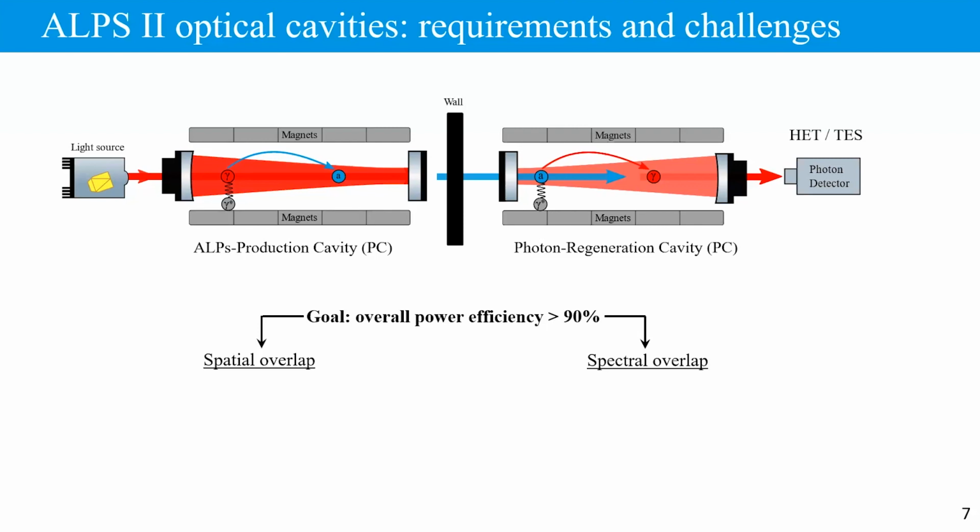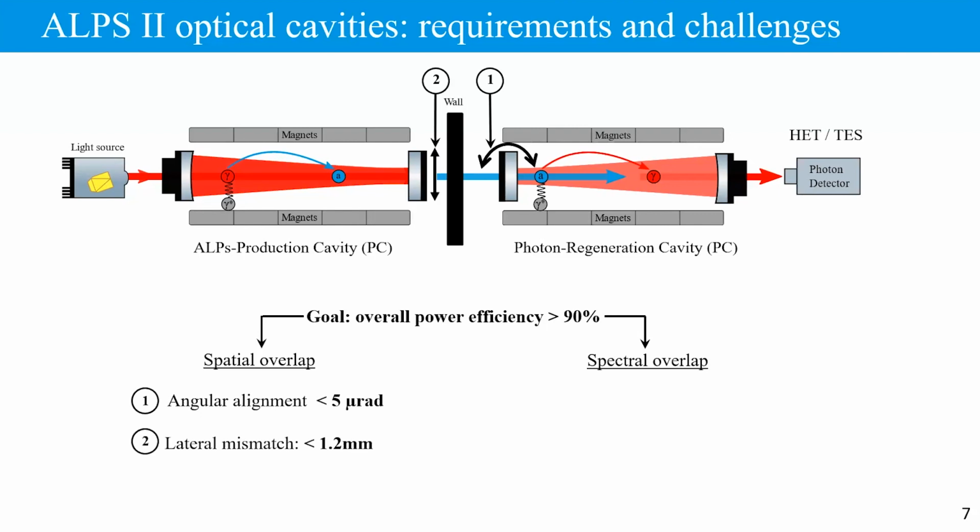The first one is the so-called spatial overlap. We have to make sure that the mode of the production cavity spatially overlaps with the mode of the regeneration cavity, which means that we have to pay attention to two parameters. The first one is the so-called angular degree of freedom. We have to make sure that this field is angularly aligned to this one with a precision better than 5 microradian.